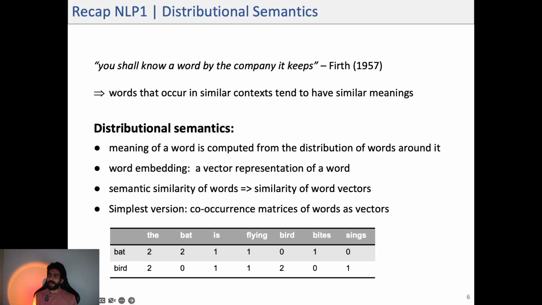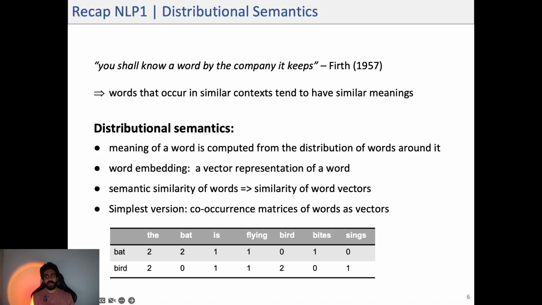Let's say the word bat often appears in sentences with words like flying, and the word bird also shows up with the same words. That's a clue that the two words have something in common in terms of meaning.